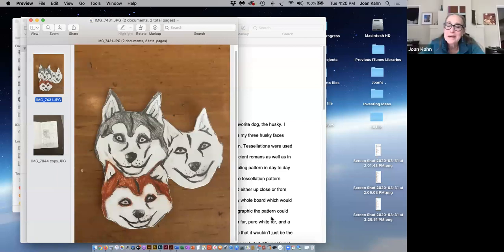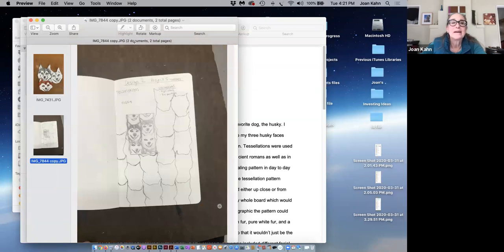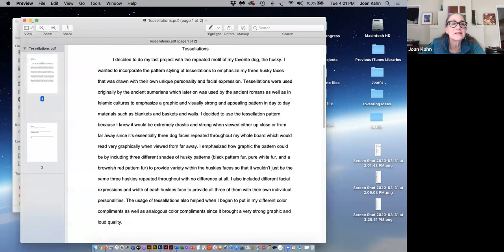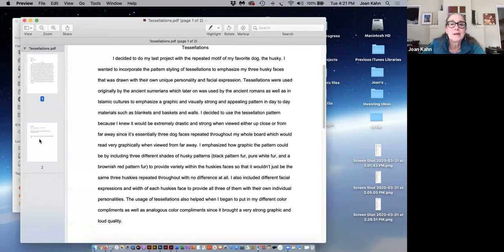Because it's a tessellation, but the meaning of tessellation often is that they're identical, but this group isn't identical. So you kind of had to keep fitting them into each other. Anyway, I'll show you what happened. Then he did a nice statement here about tessellations and a bibliography.